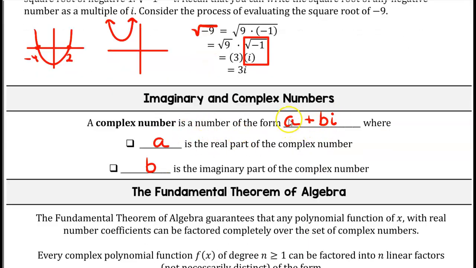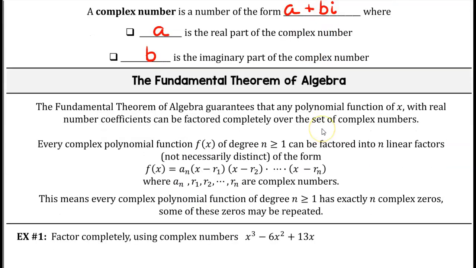If a is equal to 0, that would be the same as an imaginary number by itself. So we could rewrite 3i as 0 plus 3i, and that is called complex form. This is just review from Algebra 2. You don't necessarily need to know every little thing about it, but it's good to brush up on these properties before we move forward.